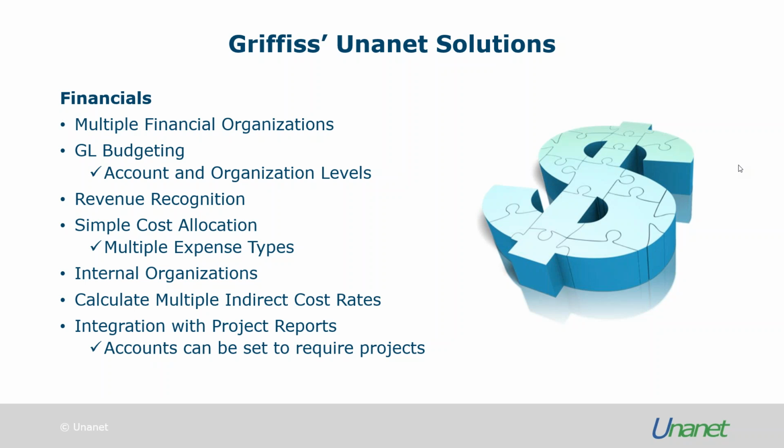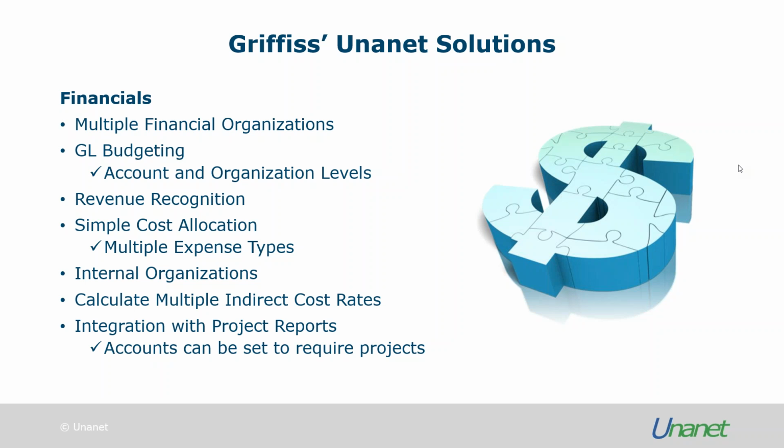The financial system also does a great job of revenue recognition. So we're able to track our revenue without having a million revenue accounts, which is helpful. You can track it obviously at the account level, but then as an added feature, you can track everything at the project level, which we'll get to later.